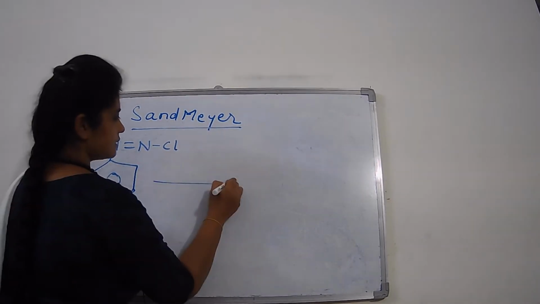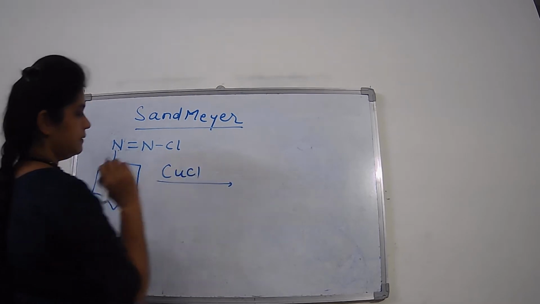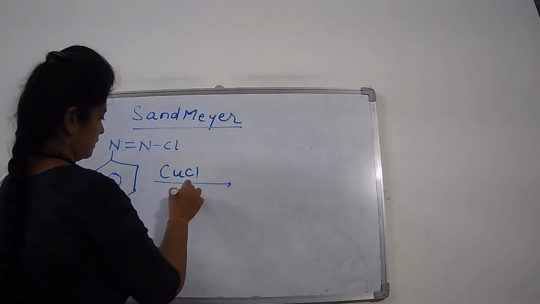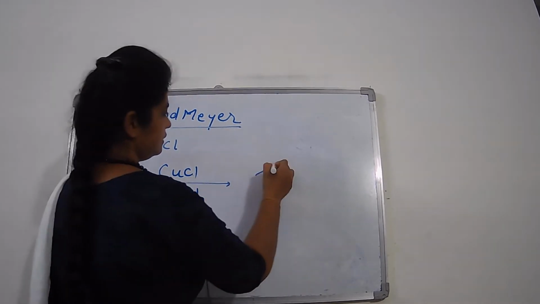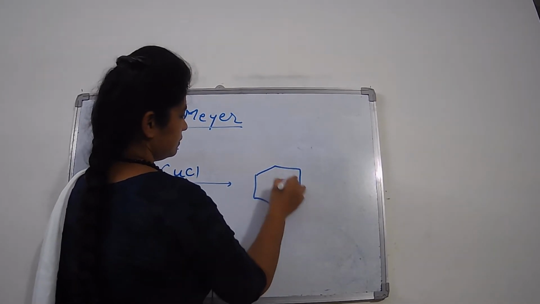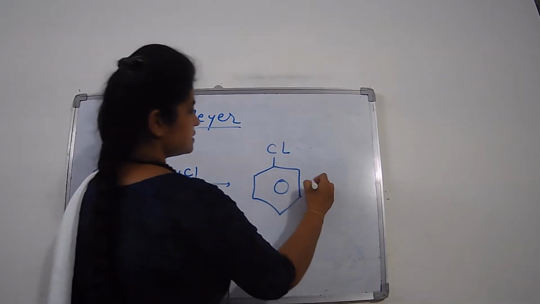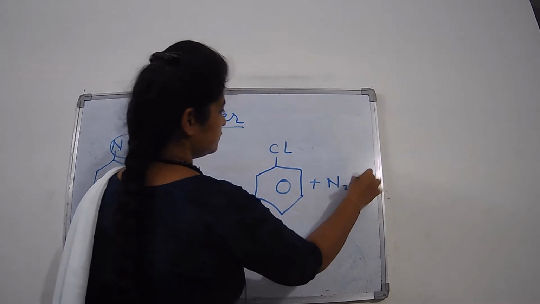It reacts with cuprous chloride and HCl. So we get the compound chlorobenzene, and N2, nitrogen gas, is evolved here.